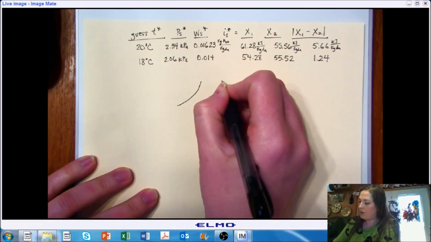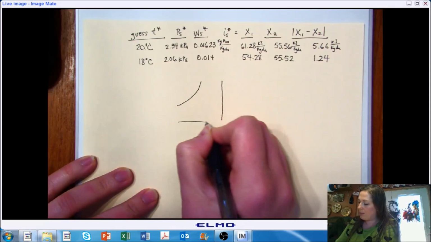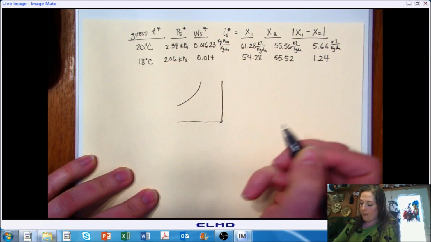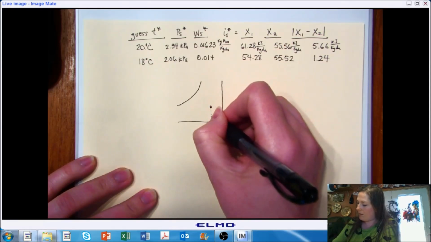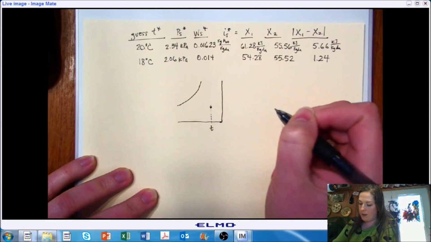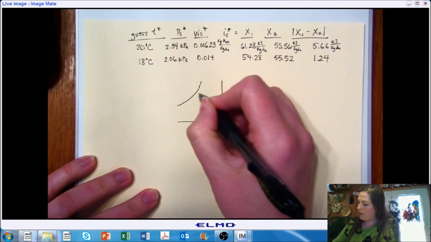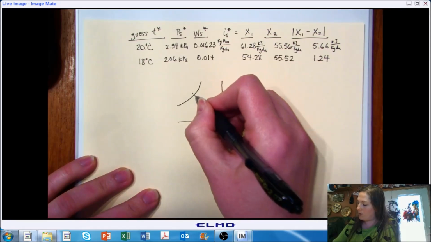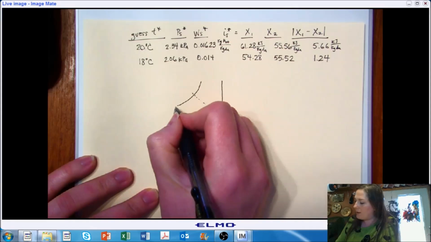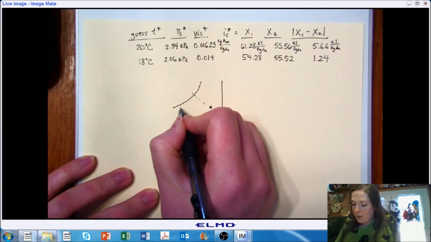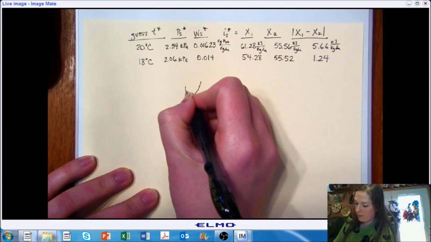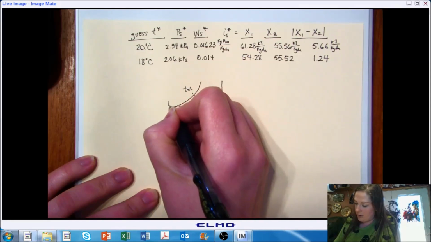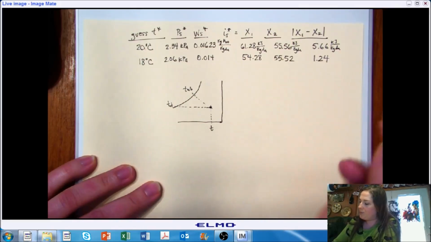I like sketches, so we're going to sketch just a basic psychrometric chart here. And this is our dry bulb temperature at whatever our state point is, and our wet bulb temperature, and our dew point temperature.